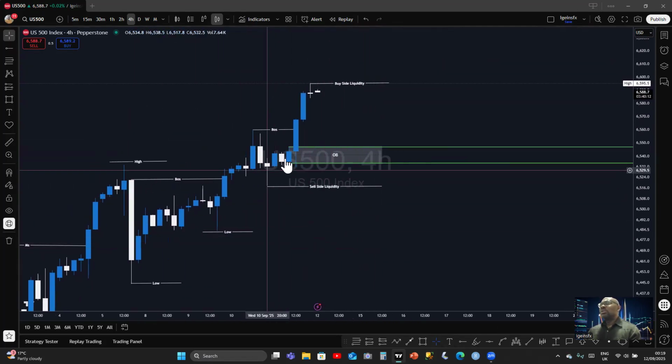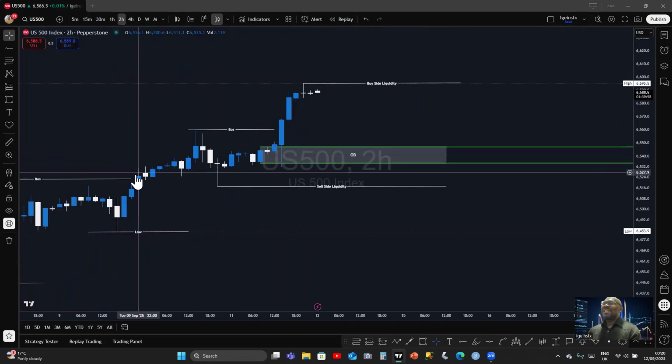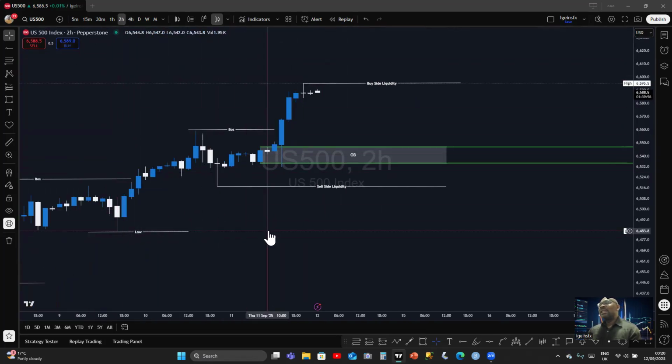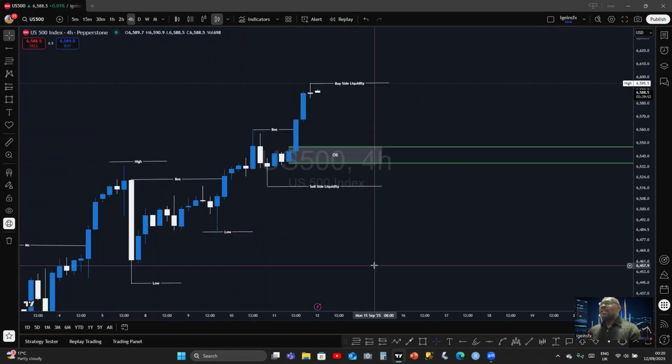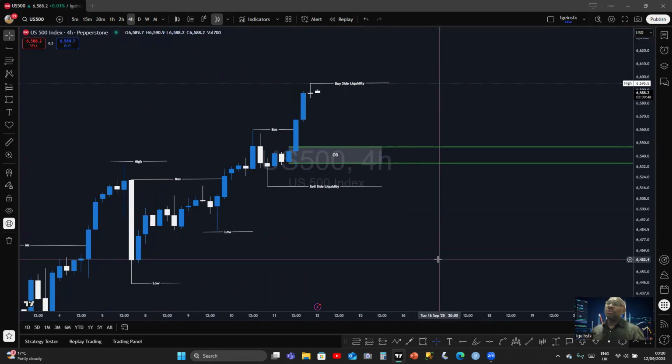All you now need to do, as you have highlighted the top to the bottom, you now shade it to the right hand side. All you need to do is just keep scaling down to any time frame that you use as an execution.